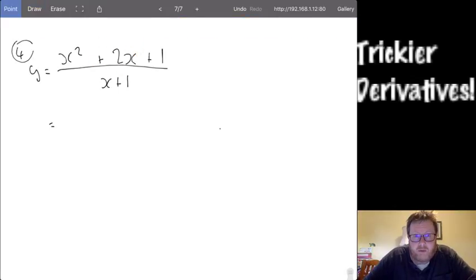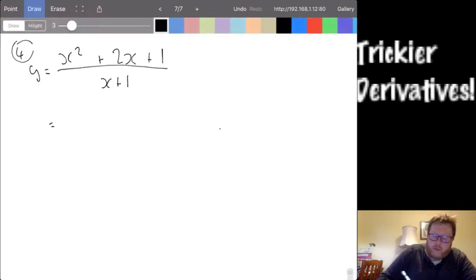You can use whatever method you want to factorise it, but try not to use the factor theorem for something as simple as this. Fingers crossed you can see that this is simply a perfect square. That's a square, that's a square, and when I multiply x times 1 and double it, I get 2x, the middle term. You should be able to do this without too much sweat. x plus 1, all squared, all over x plus 1.